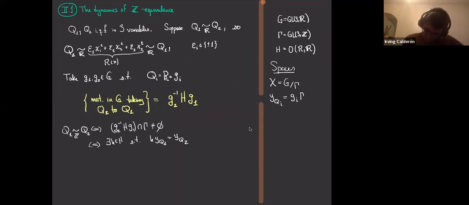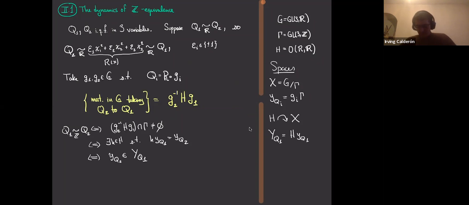So we consider the action of H on X, and we call big Y_Q1 the H orbit of y_Q1. So the C equivalence of our quadratic forms is equivalent to the fact that y_Q2 belongs to big Y_Q1.